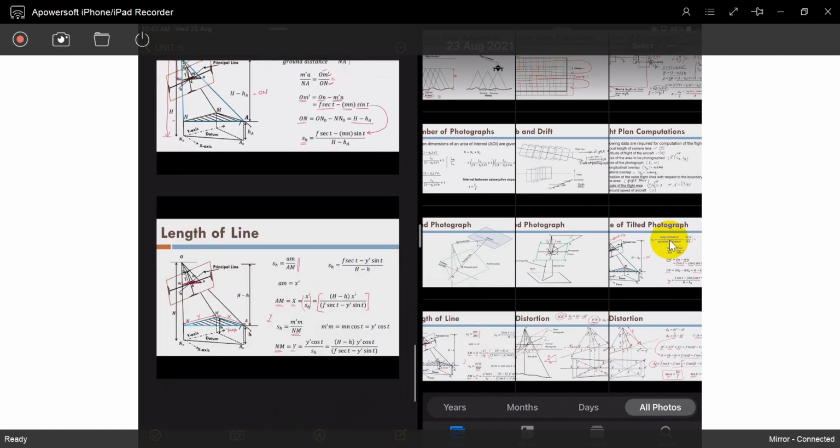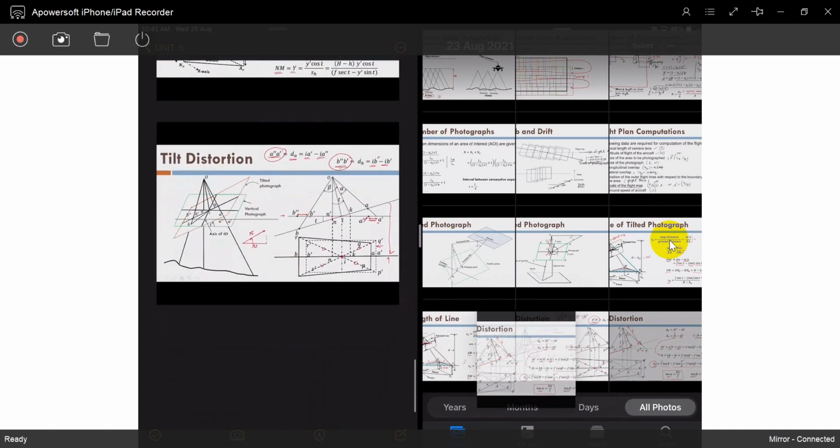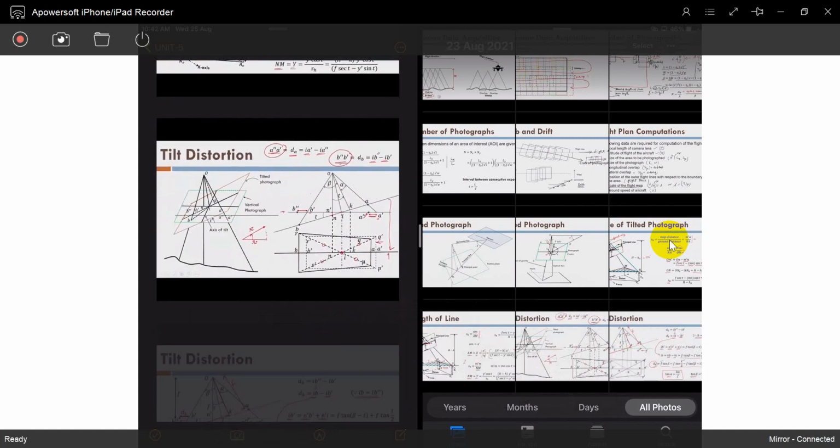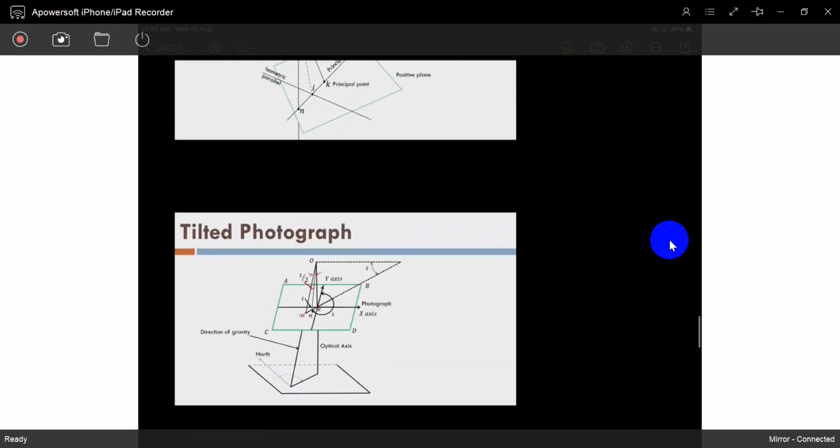The problems and derivations are somewhat tricky, so no need to remember the formulas or proofs, but just understand it.